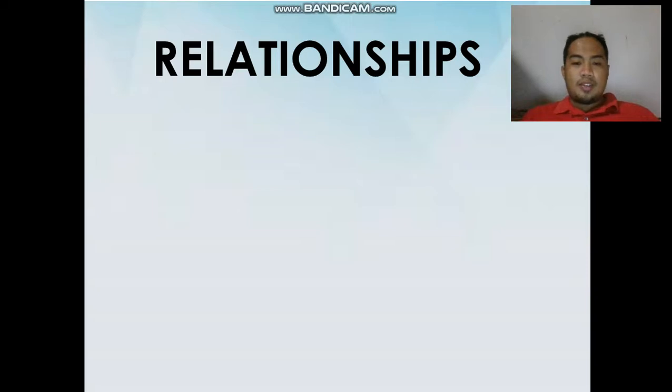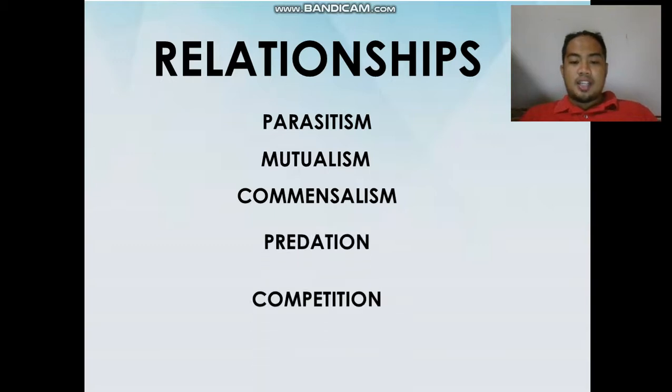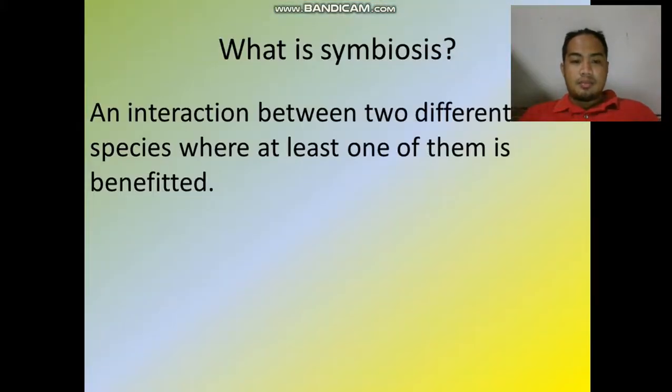Now let's move on to their relationships: parasitism, mutualism, commensalism, predation, and competition. Let us discuss each of them individually. What is symbiosis? Symbiosis is an interaction between two different species where at least one of them is benefited.